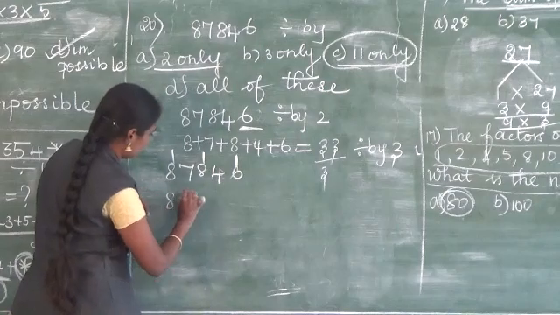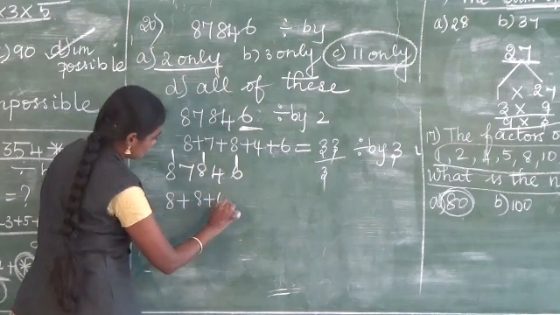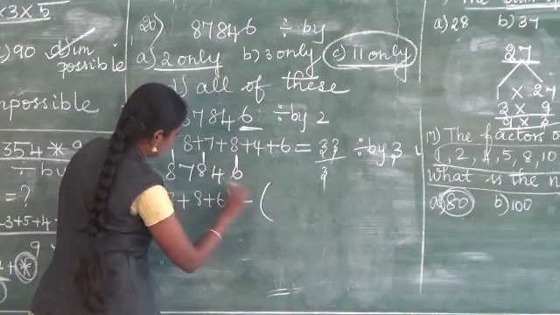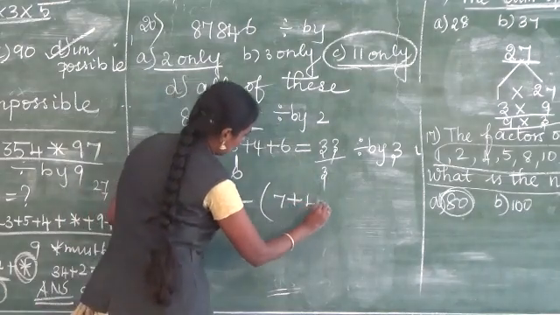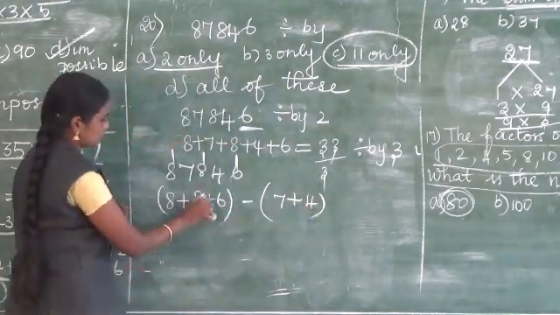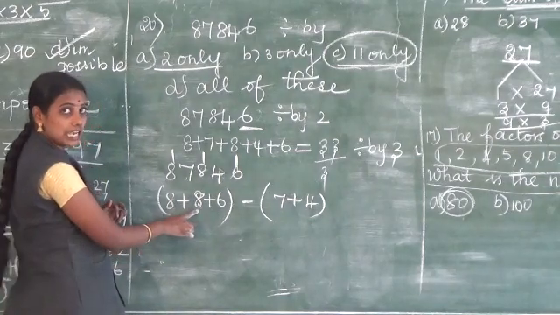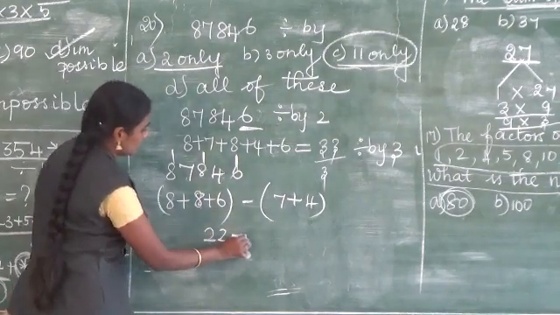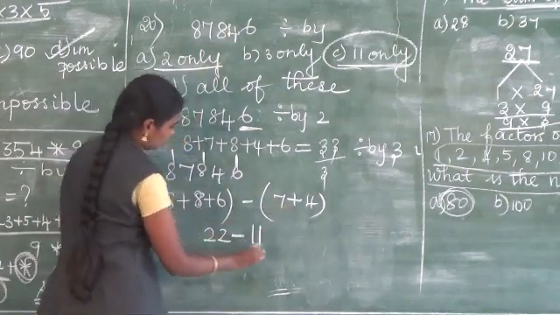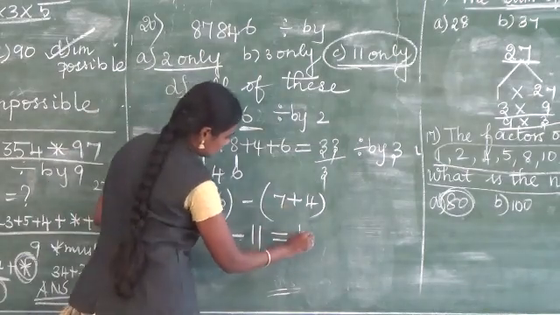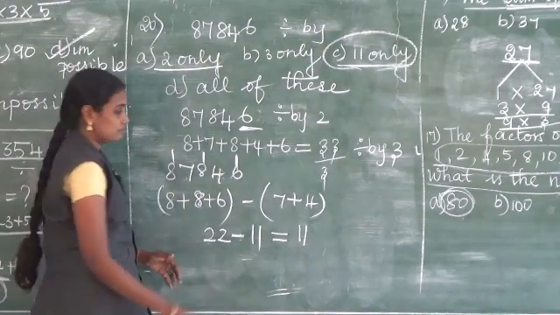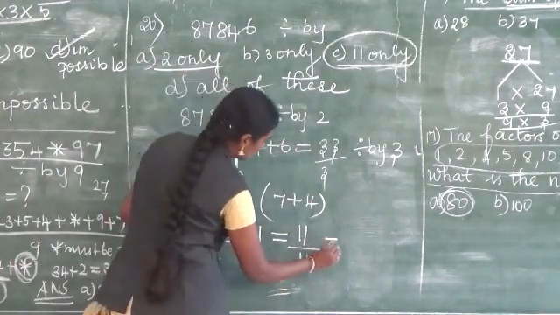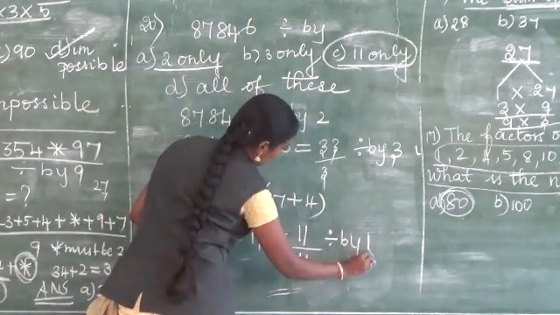Now add 8 plus 8 plus 6, which is 22, minus 7 plus 4, which is 11. 22 minus 11 is 11. 11 is divisible by 11. So it is divisible by 11 also.